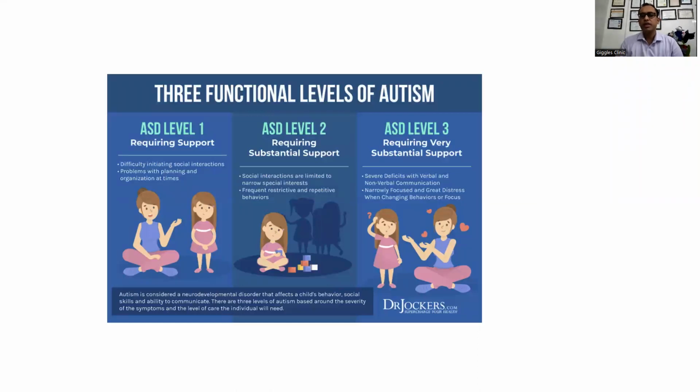Level 1 means the child requires minimal support in doing his routine activities, or his IQ is good or average, not below a certain level. Less than 70, we call MR, or nowadays intellectual impairment. A child on ASD level 1, or mild, is in other words an Asperger.